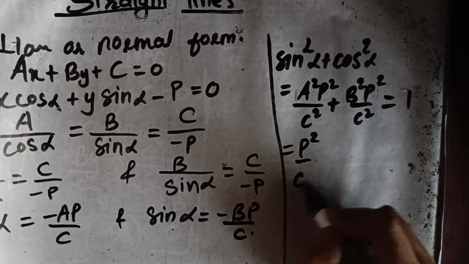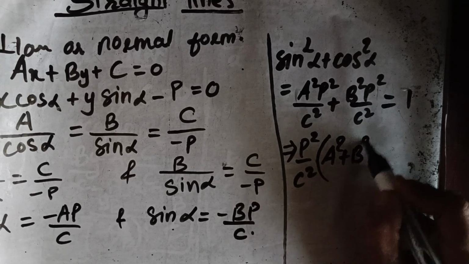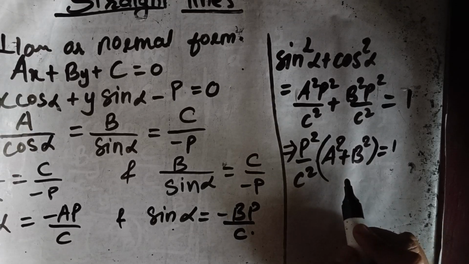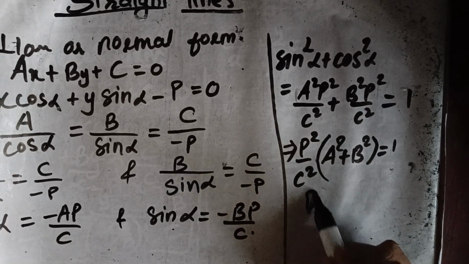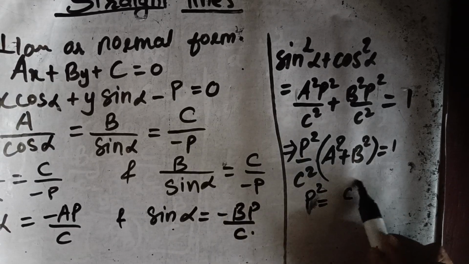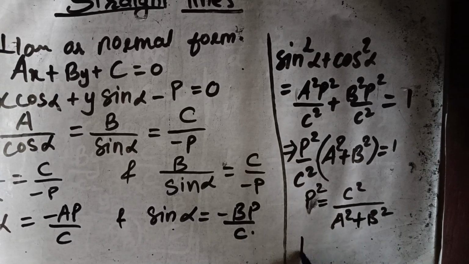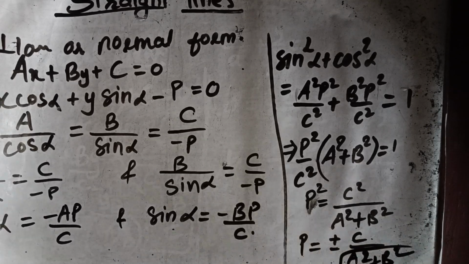Taking p square upon c square common, a square plus b square equal to 1. So the value of p square is c square upon a square plus b square. So p is nothing but plus or minus c upon root of a square plus b square. This is the value of p.